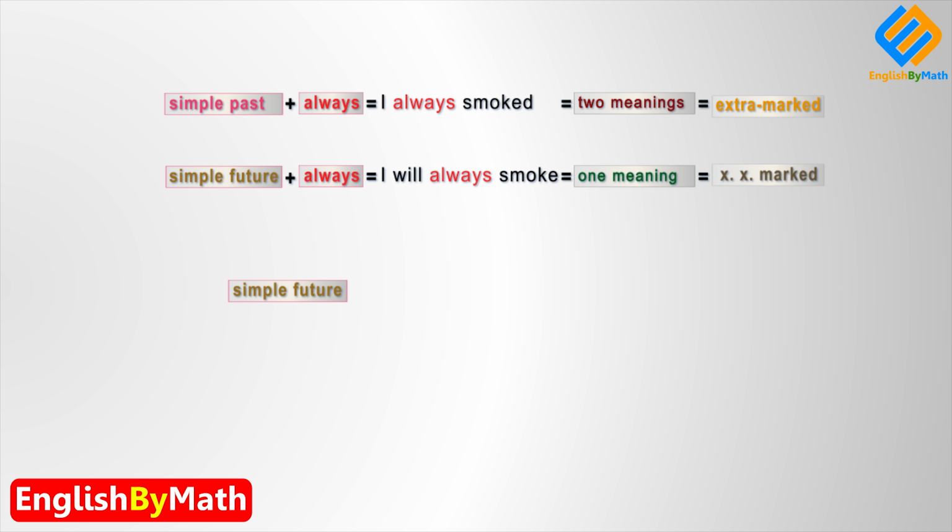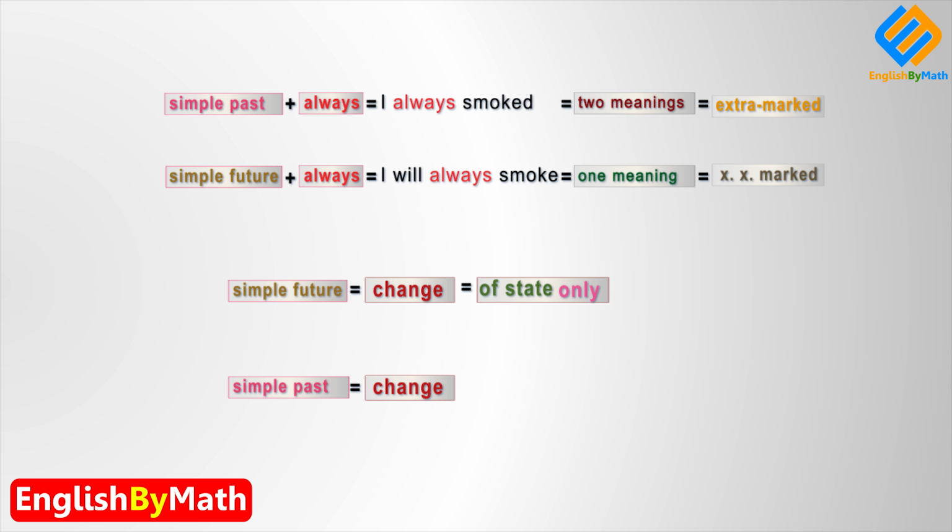Simple future, change of state only. The simple past, on the other hand, allows for two types of change: change of state or change by termination. Simple past, change of state or by termination.